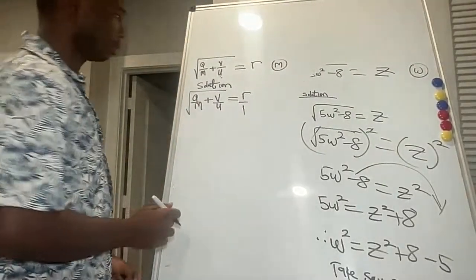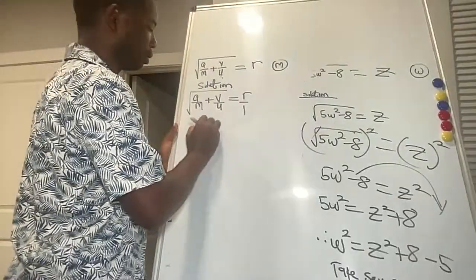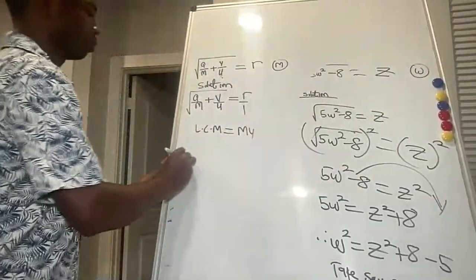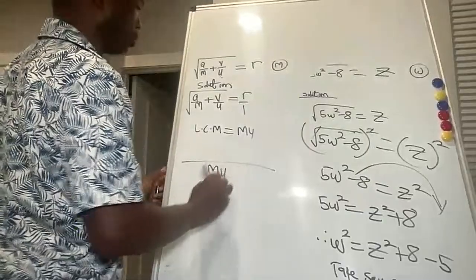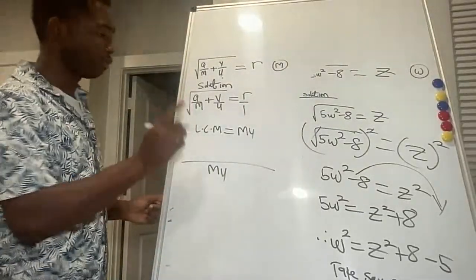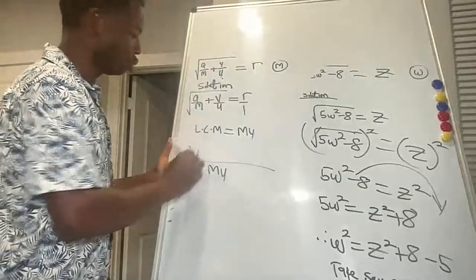What's the LCM? The LCM is mu. mu divided by m gives you u, u times q is qu.